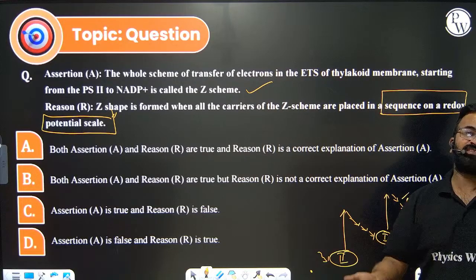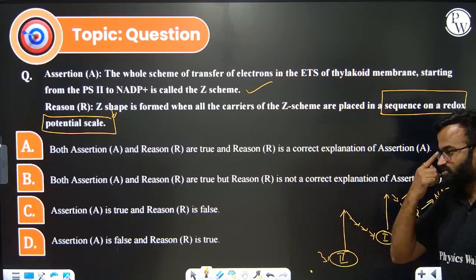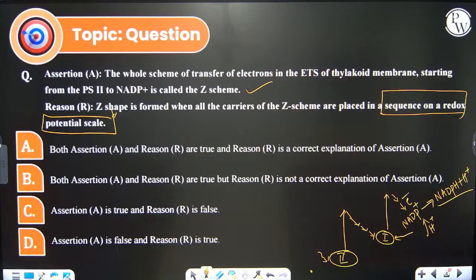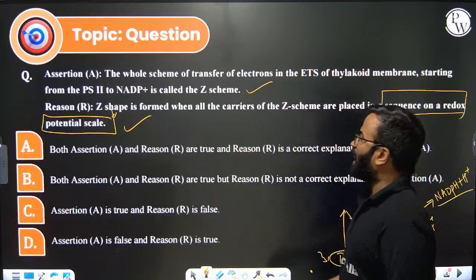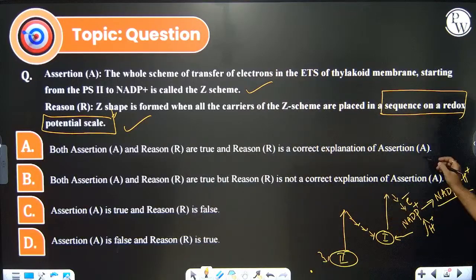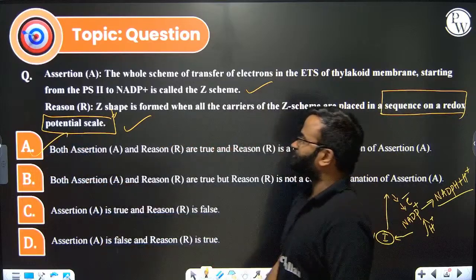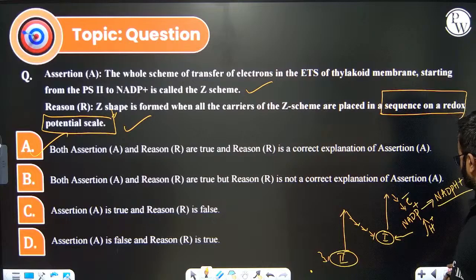When you place these on a redox potential scale, then you observe such a kind of uphill and downhill transfer of electrons. So both the statements are true, and it is a right explanation as well. So the answer will be A. Clear? Are you guys clear?